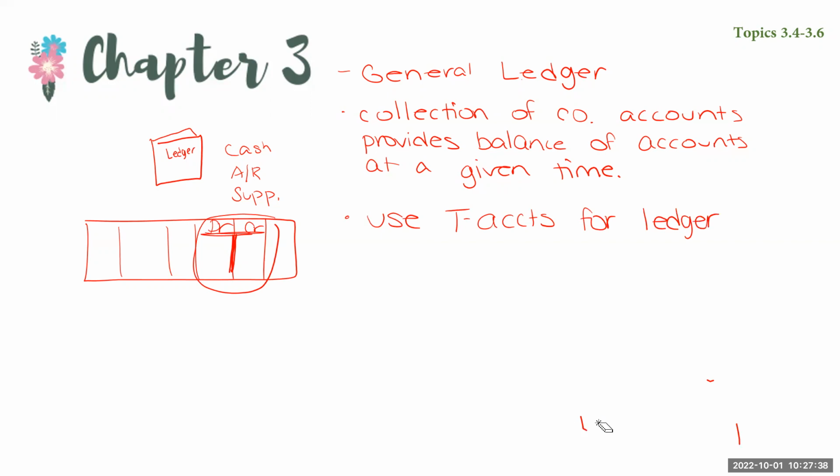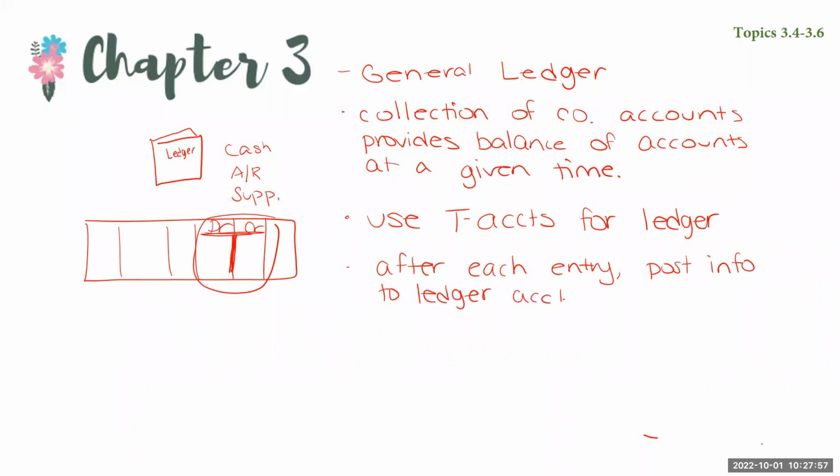After each journal entry, you're going to post the information. Post just means to move it to your general ledger account. Again, feel free to use a T account for that ledger account.